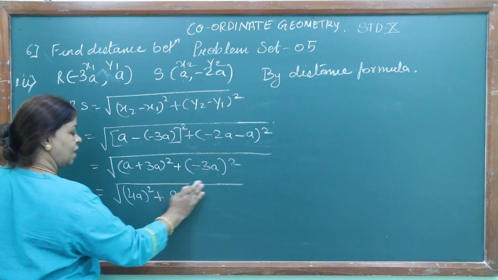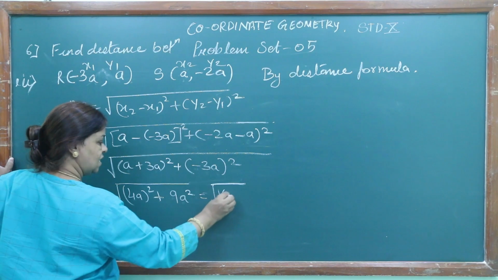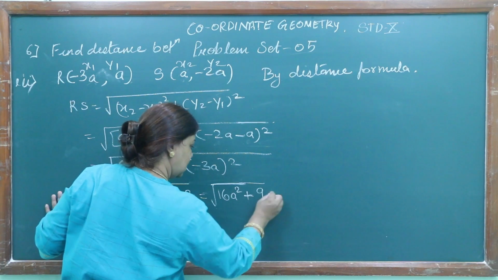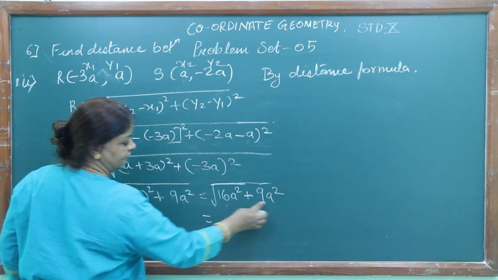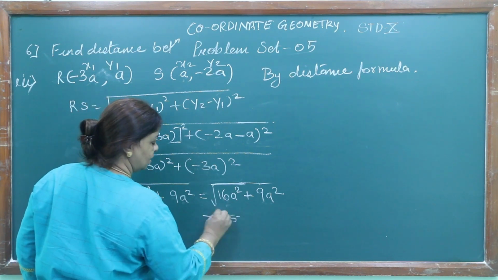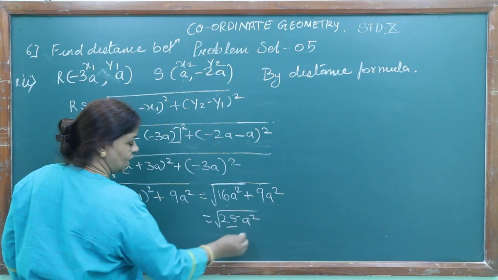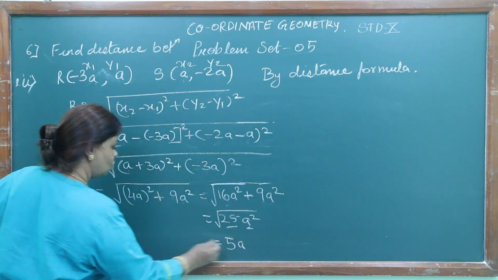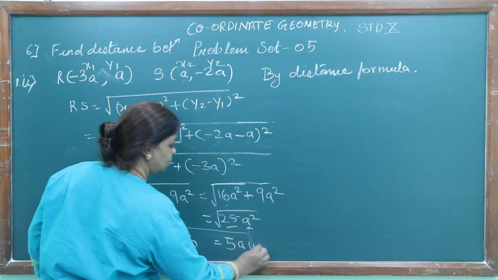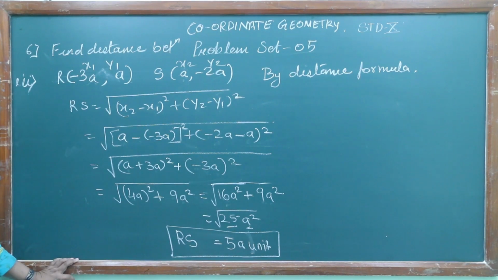Now 4a square can be written as under the root 16a square plus 9a square. Both are like terms, so we can add them. 16 and 9 will be 25, and that is a square. Now square root of 25 is 5 and square root of a square is a. So RS is equal to 5a units. You can pause the video and you can solve the sum.